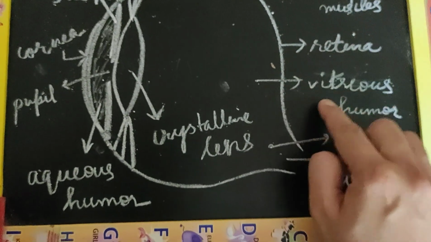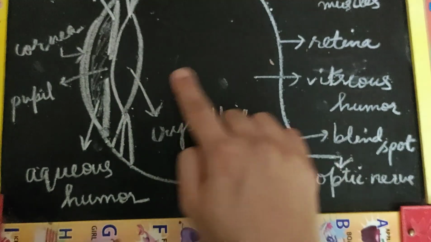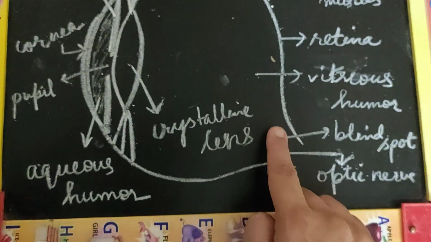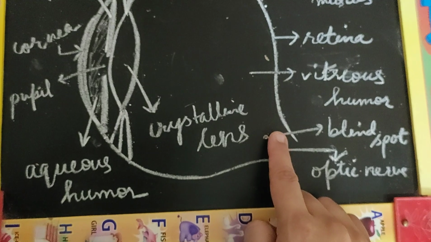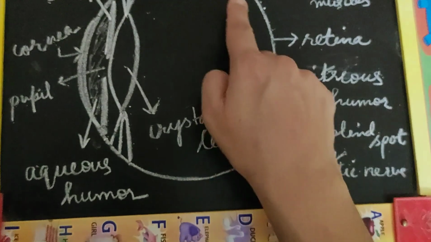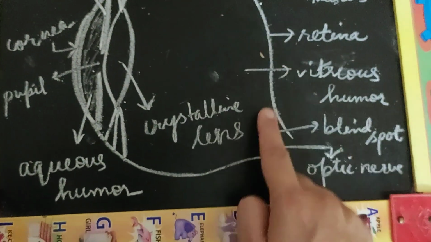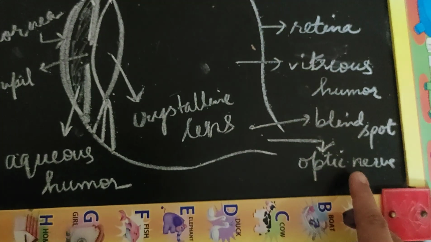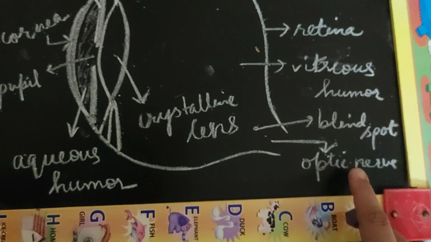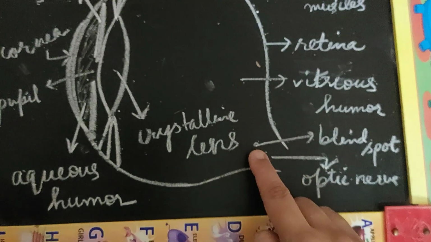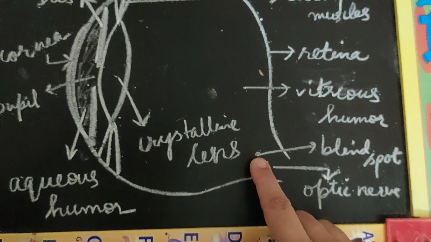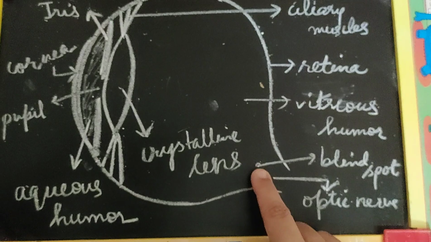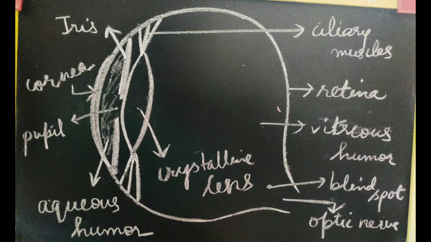Again, the function of the fluid is to provide nourishment to the tissues here and support the bulge of the eye. All the cells which are present on the retina, their nerve endings collectively go to the brain through the optic nerve. And here there are no light sensitive cells to see the light if it falls here. So this is the blind spot.